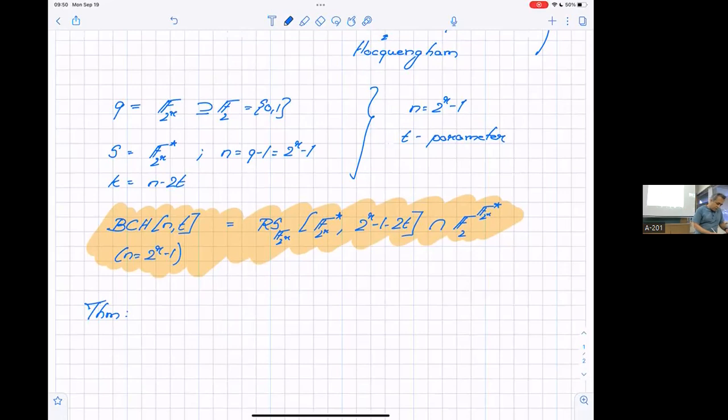The theorem which we are going to show is about BCH with parameter t. Firstly, it's not hard to show it's a linear code, because Reed-Solomon is linear. It inherits its linearity from this one, because if you add two such code words, it will remain a BCH code word.